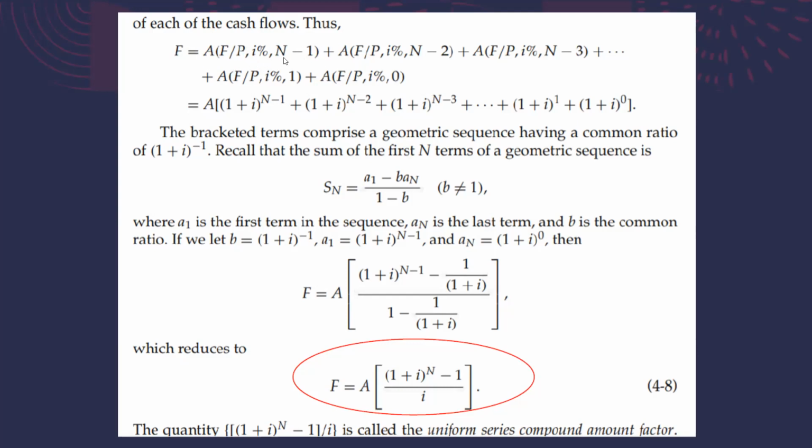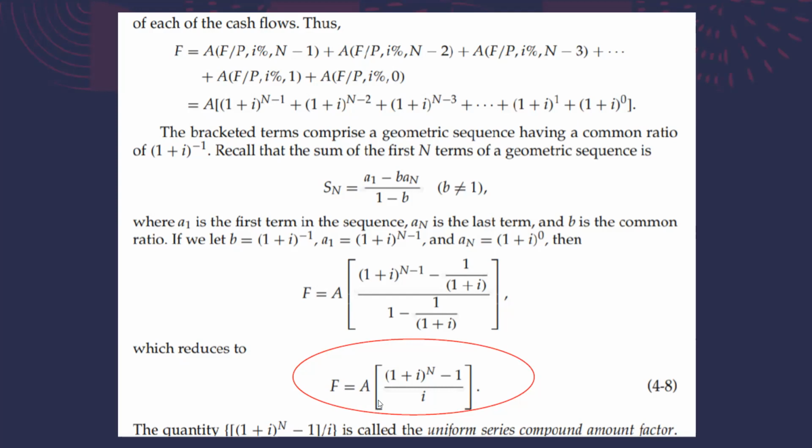Likewise, we have several equations for this, which we can represent in formula form like this. At the end of the first year, the second year, the third year, up to n years, we can easily calculate the cash flows. If you take the sum of all these cash flows, you will end up with this equation.